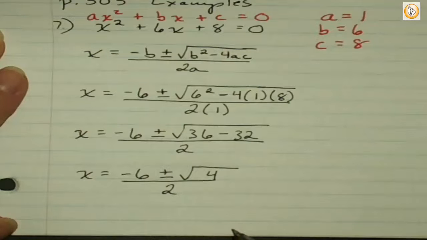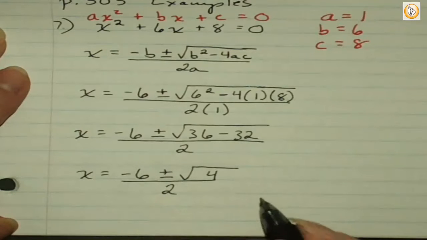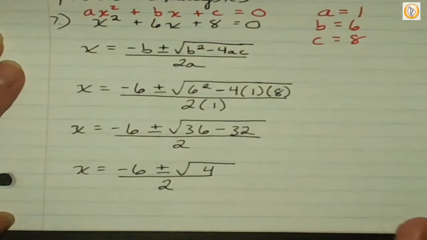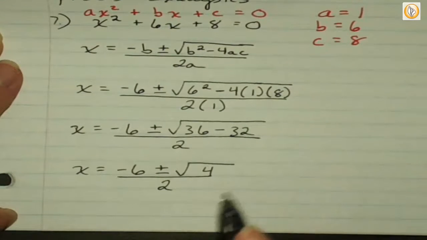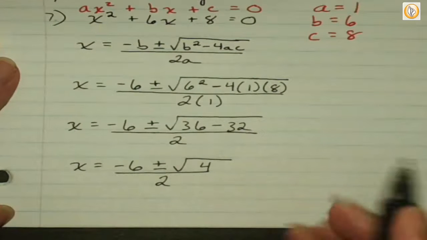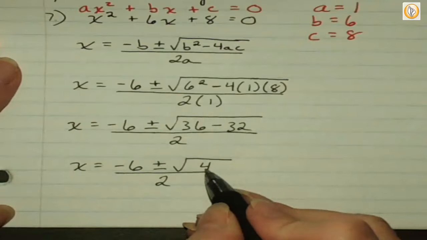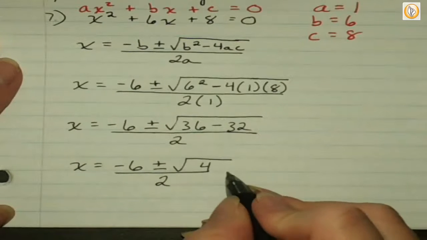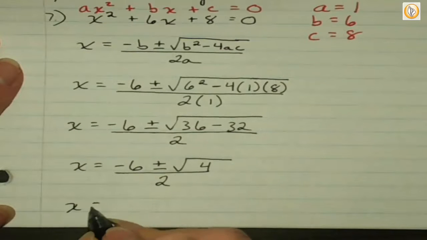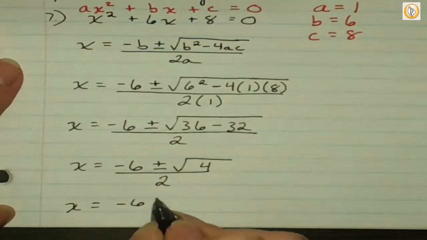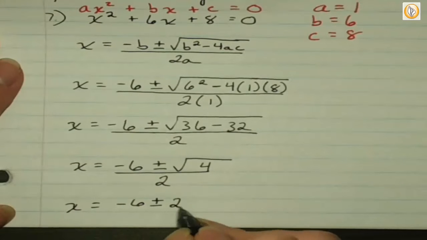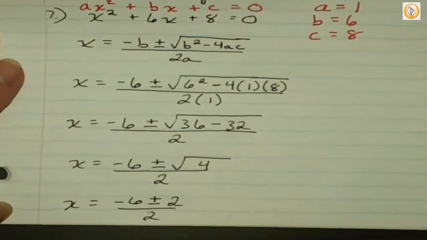All right. Now we can do a lot of stuff here, but before I do a lot of simplifying, I'm going to work this out. What is the square root of 4? 2. So I'm going to do x equals negative 6 plus or minus 2 over 2.